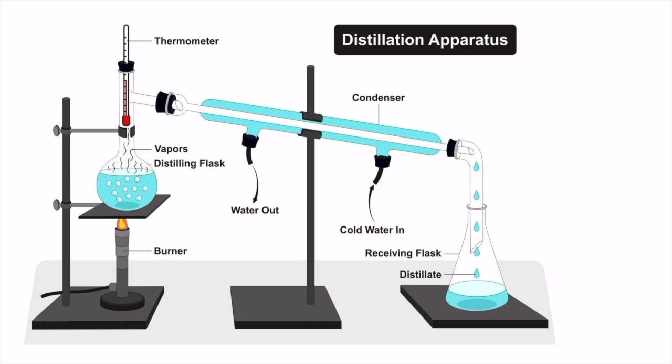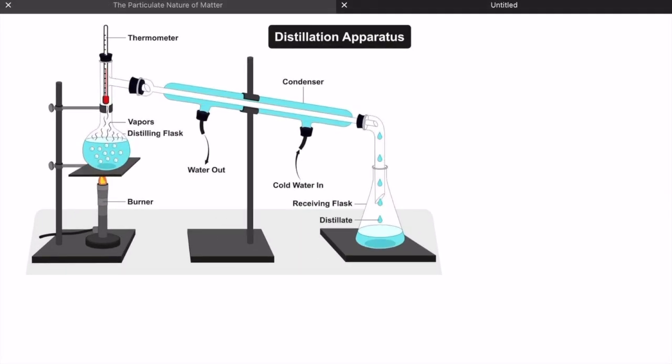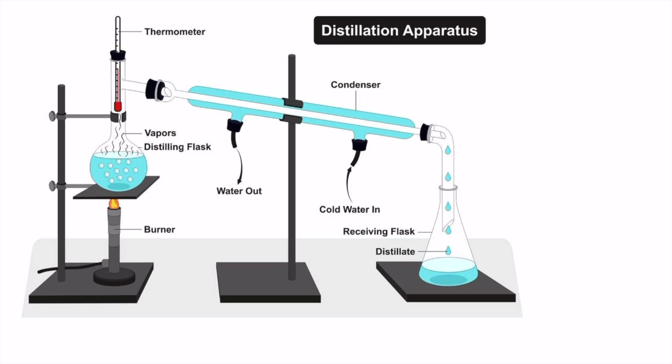Then the vapor will rise up, and the thermometer here will measure the temperature. The water will run through this condenser, and it will fall into the flask.